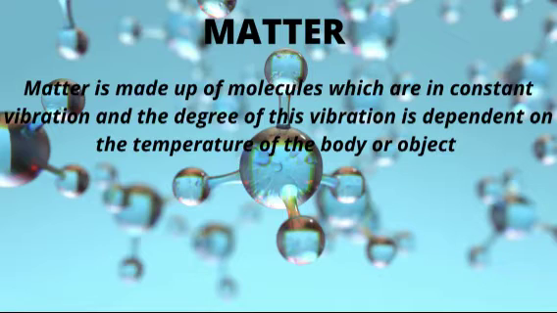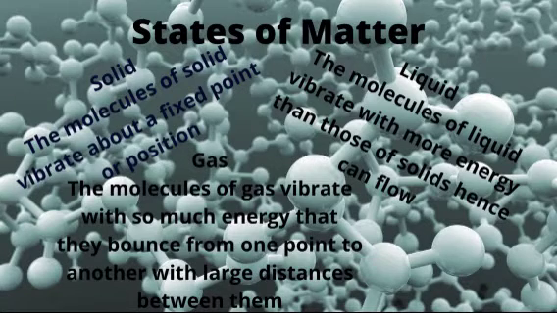Matter is made up of molecules which are in constant vibration, and the degree of this vibration is dependent on the temperature of the object. That means that all matter is made up of molecules, and as these molecules exist, they are not standing in one place. Whether it is solid, liquid, or gas, they have different degrees of vibration.